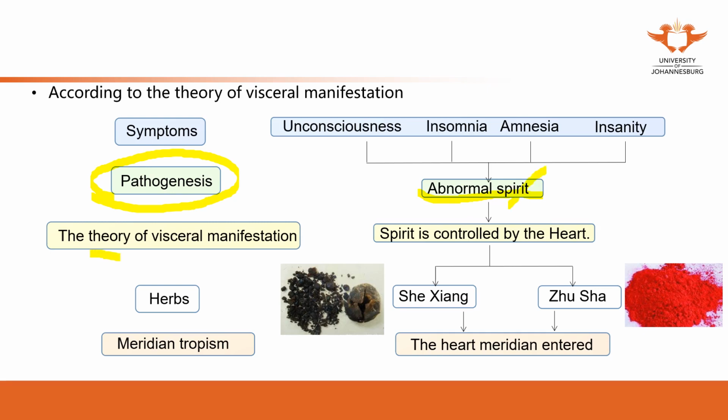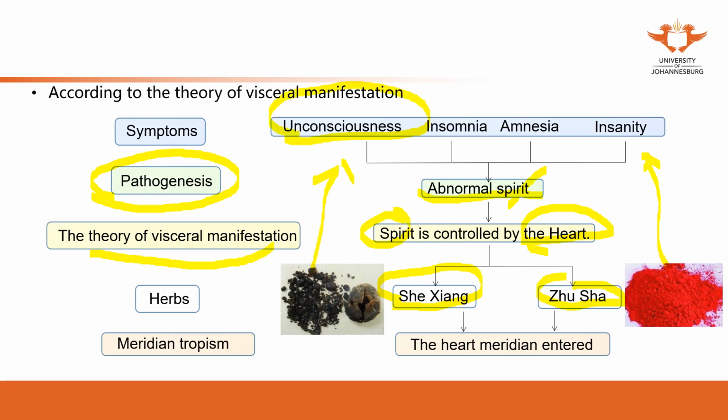And then from the theory, the mind or the spirit is controlled by the heart. And we know that Sexiang is a herb, Wusa is another herb. These 2 herbs can be used in these different kinds of situations, especially Sexiang can be used for unconsciousness.